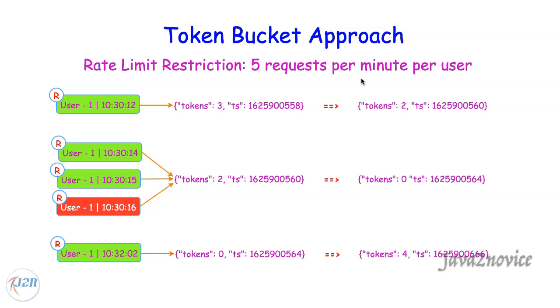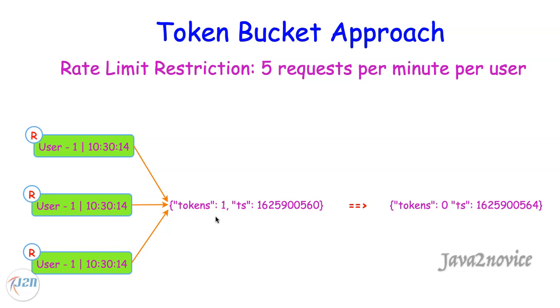Let's take an example. Let's imagine there was only one token available for a user and that user issued multiple concurrent requests at the same time. If multiple separate processes are serving these requests, then all these processes concurrently read the available token value. At this given time frame, there is only one token available for this user.